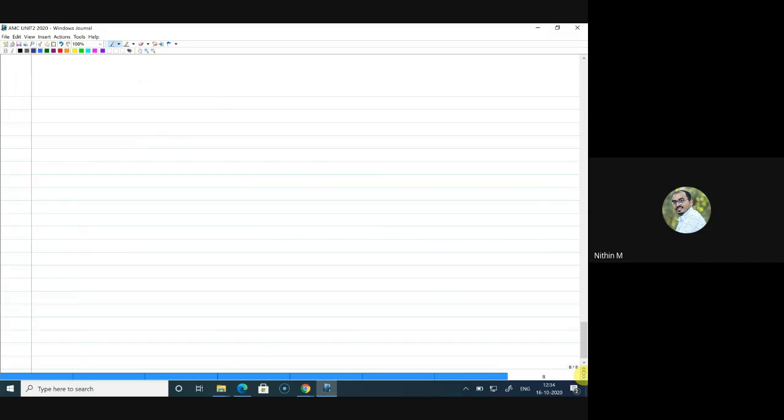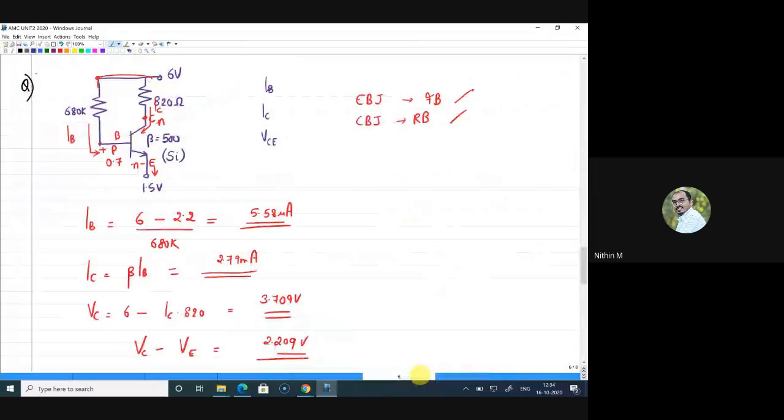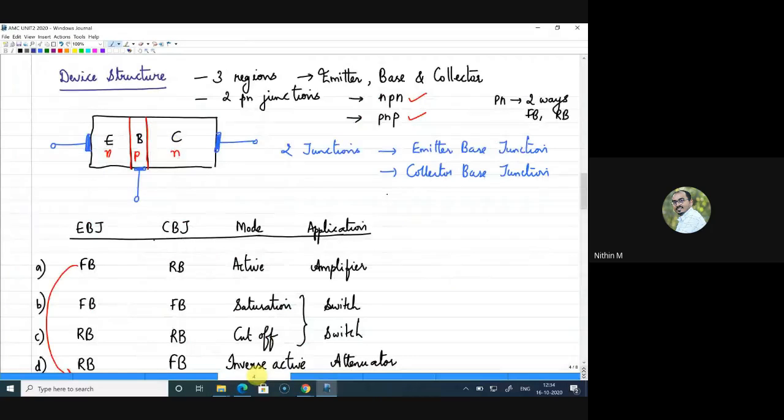We have looked at the structure, and we understood that there are four different modes of operation: active, saturation, cutoff, and inverse active. In the active region, as you probably have heard in your basic electronics course, BJT amplifiers basically work in the active region of operation, right?